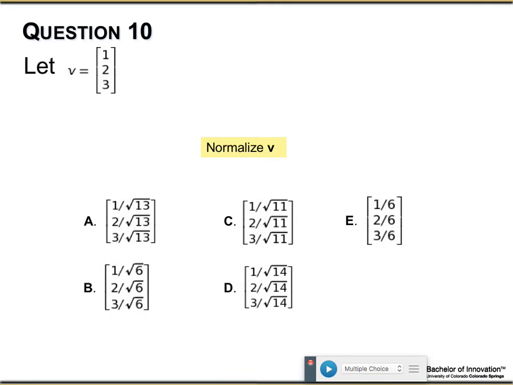Okay, since we just talked about normalizing, let's do a quick normalization. This one you should be able to do on your own. You get 30 seconds. Okay, 30 seconds was clearly too short.